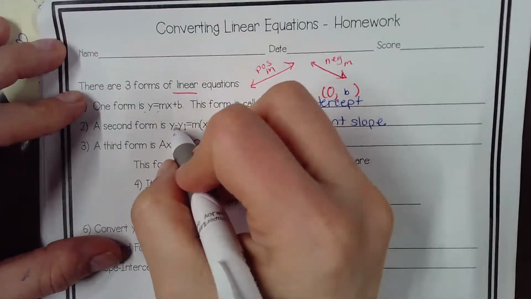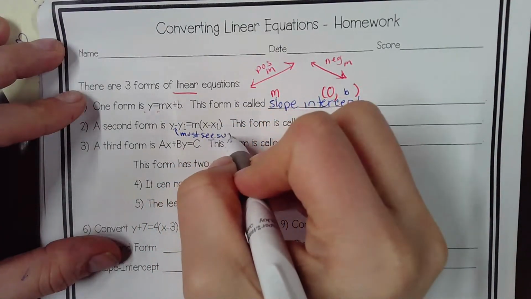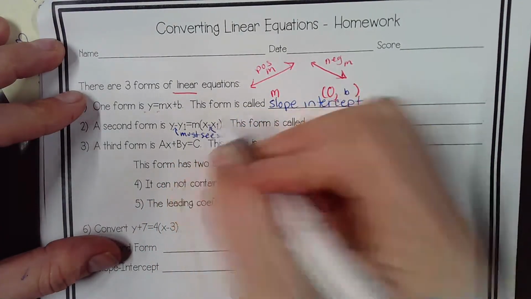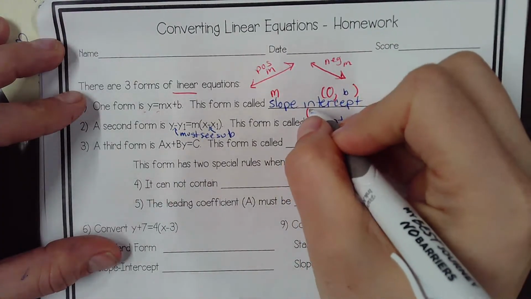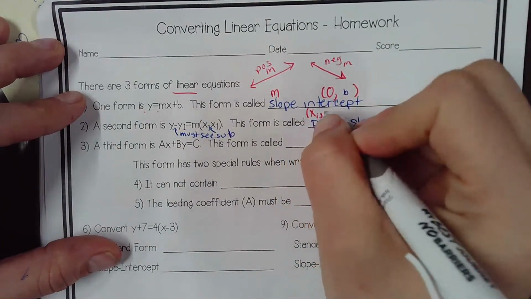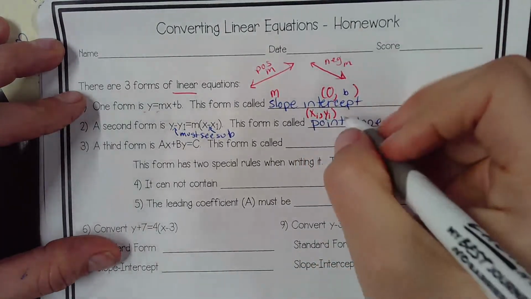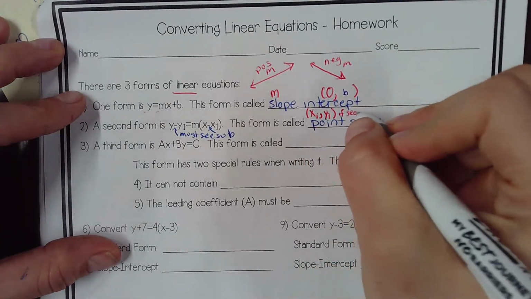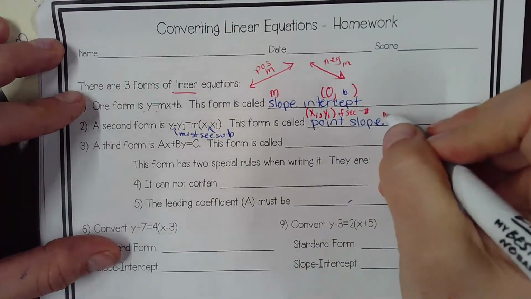It is important to know that you must see the subtraction to get a point. Your point is x1 comma y1 if you have a negative. Your slope is just m.